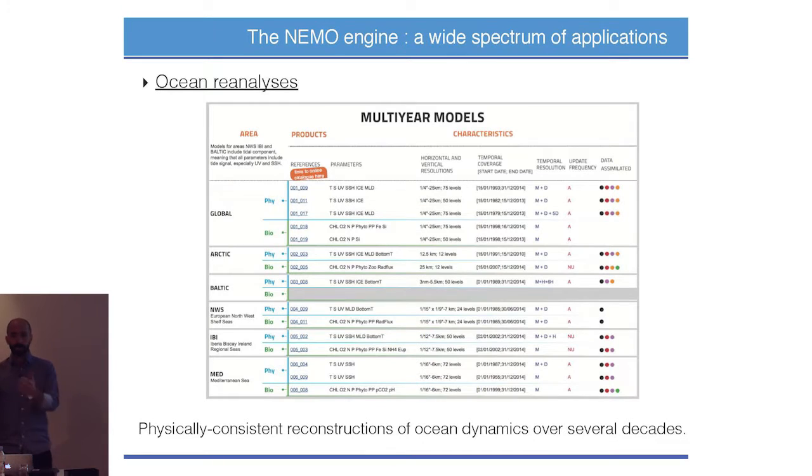It's also true, as we've been introduced to by Simona, for ocean reanalysis, that they really need the physical consistency coming from our a priori knowledge of the underlying physics for extrapolating and interpolating the data over several decades so that we could describe consistently the evolution of the ocean over long time scales.